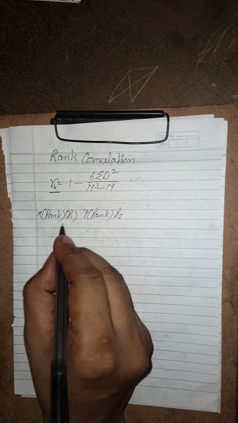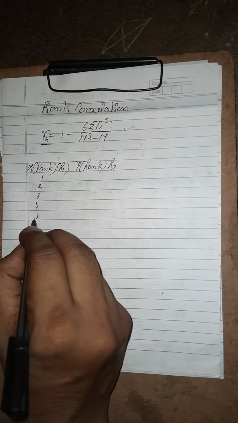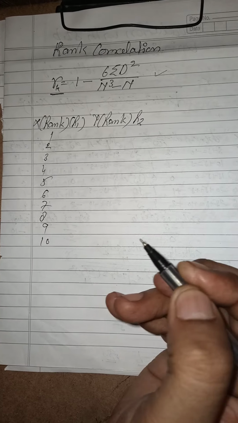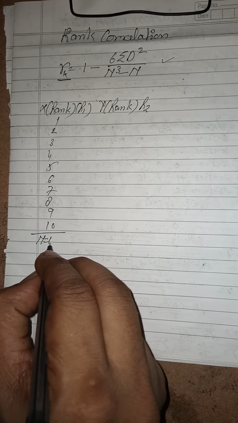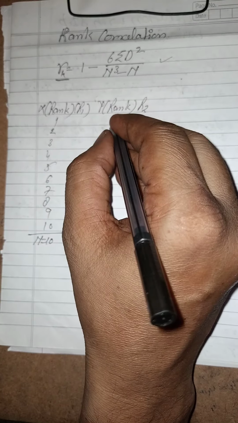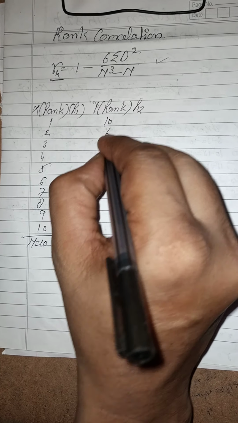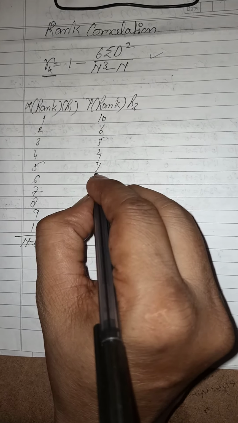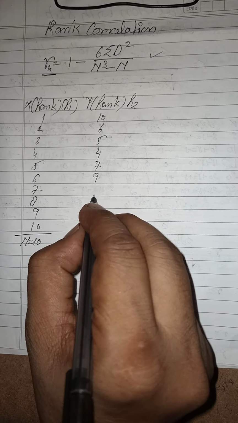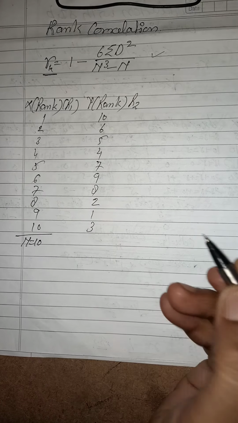The rank is given like 1 2 3 4 5 6 7 8 9 10, so the total number of items n is equal to 10. The Y series rank is also given like 10 6 5 4 7 9 8 2 1 3.